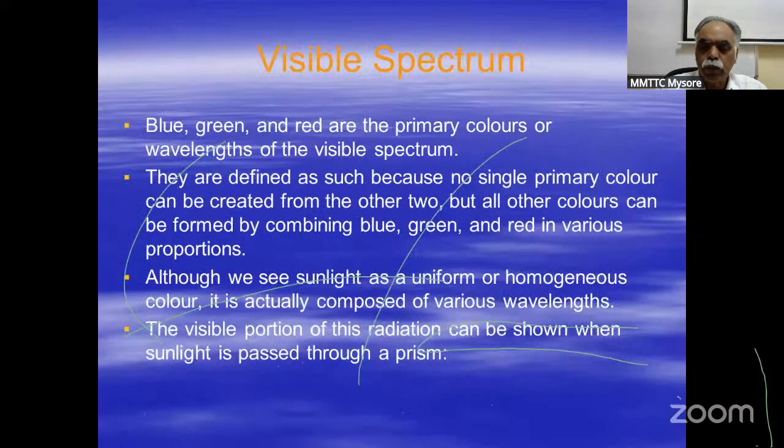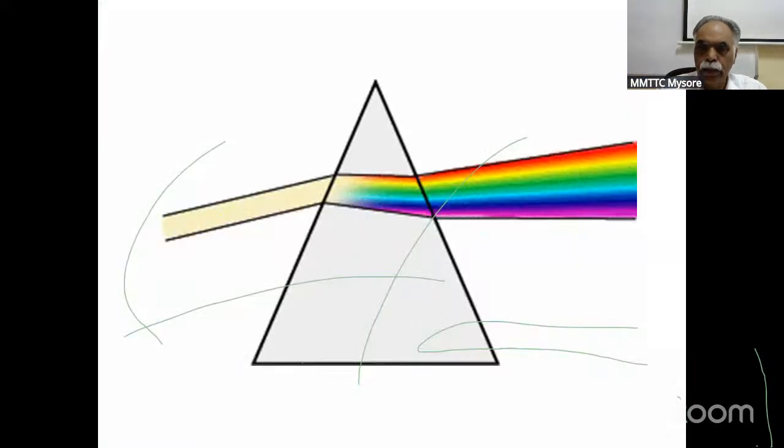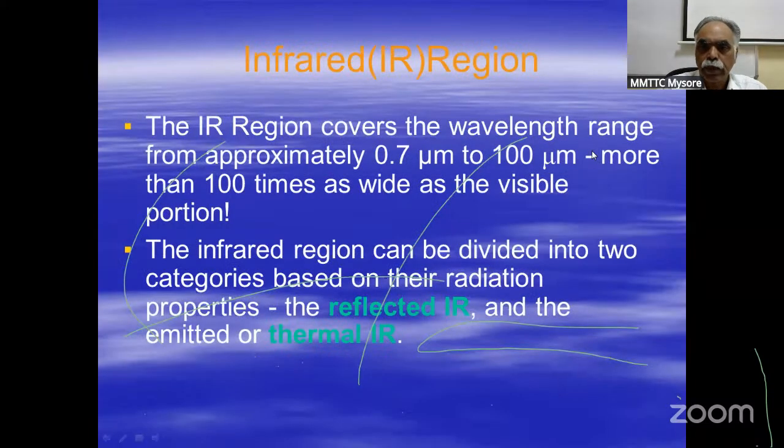When it passes through a prism, if you make sunlight pass through a prism, then you will see this spectrum, and that is especially only the visible spectrum, not all. So there is the infrared region.